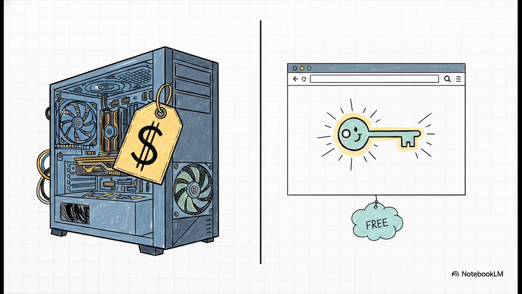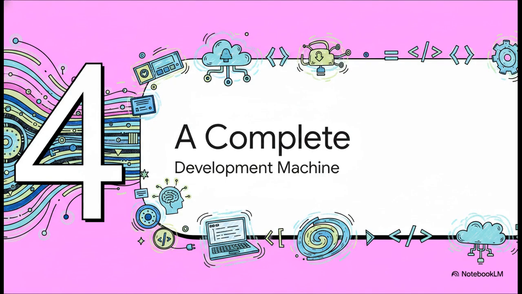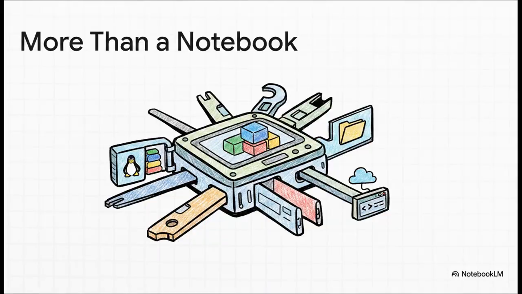It's kind of nuts. But here's the thing. Colab is so much more than just powerful hardware. It's a complete, ready-to-go development environment right out of the box. You're not just getting a simple code editor. No, you're getting an entire Linux computer that's running in the cloud. It comes preloaded with over 500 of the most popular Python libraries, so tools like NumPy and Pandas are just ready to go.